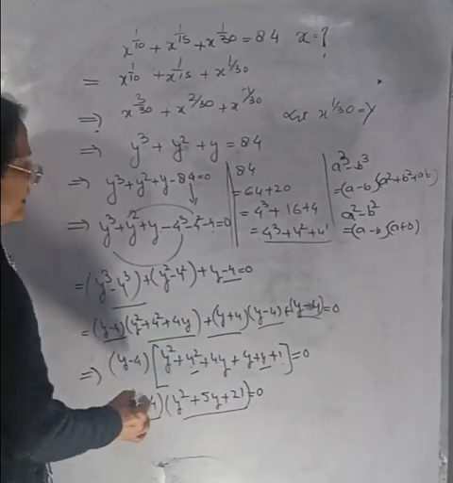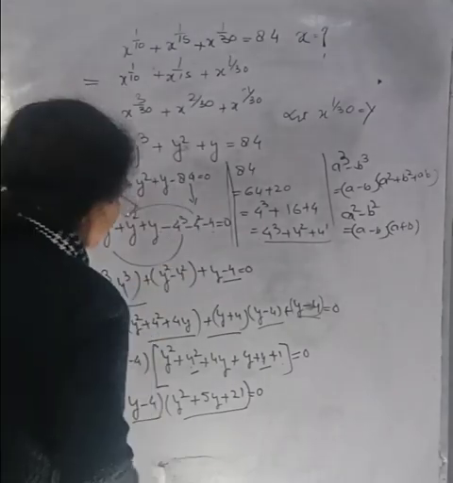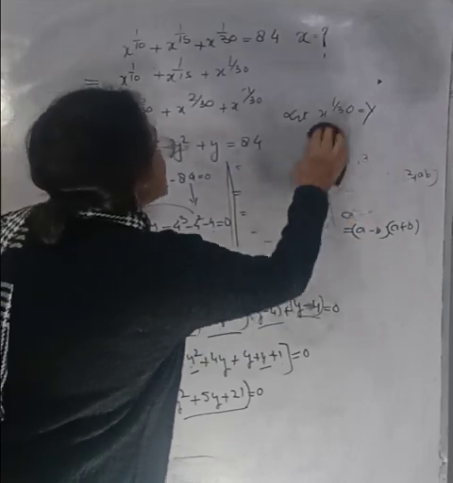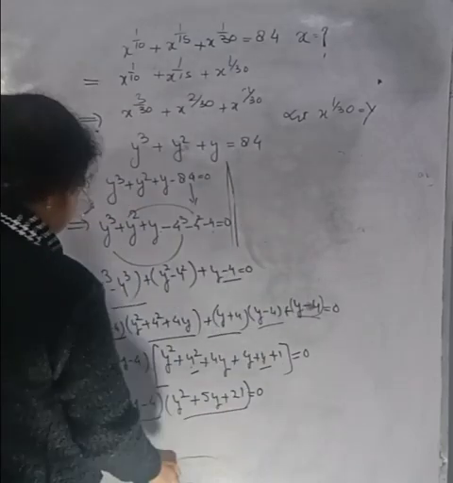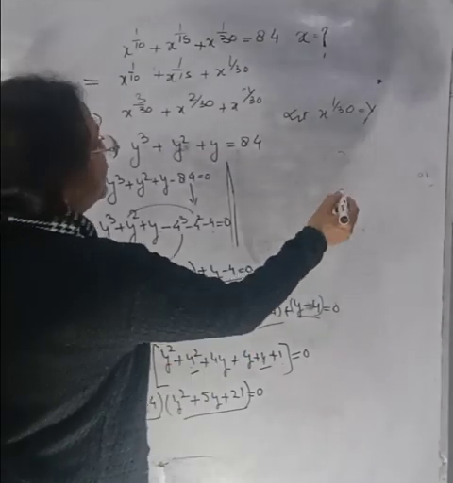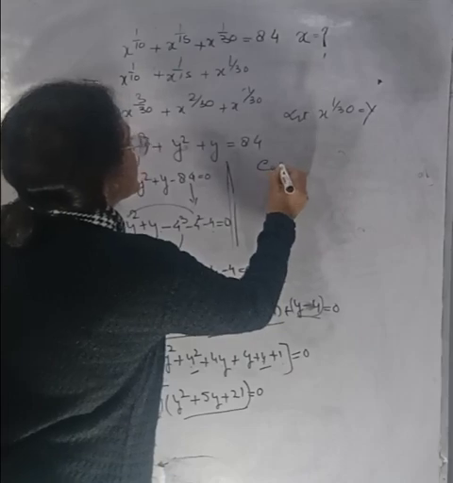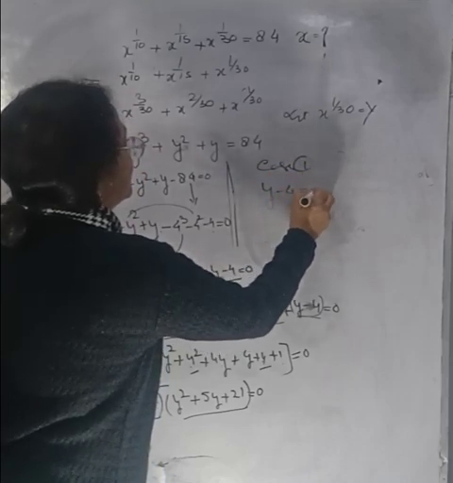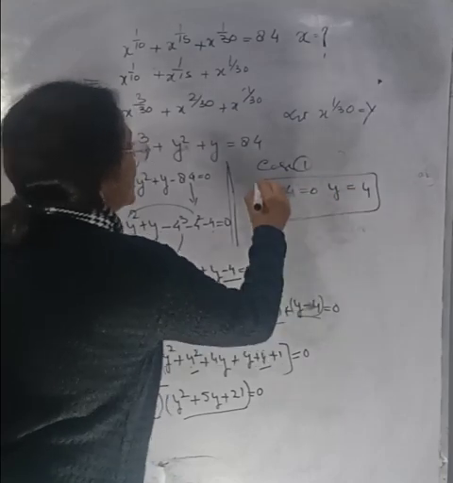By putting the first factor equal to 0, case first, y minus 4 is equal to 0, it means y is equal to 4. This is the first case.